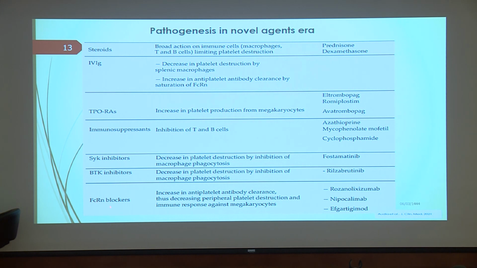FC neonatal blockers also, like rozanolixizumab, I cannot pronounce the majority of the names actually, increase antiplatelet antibody clearance, decreasing peripheral platelet destruction, and also reduce the immune response against megakaryocytes. And if you see now, the steroids actually have broad action over immune cells, the macrophages, T and B cells.